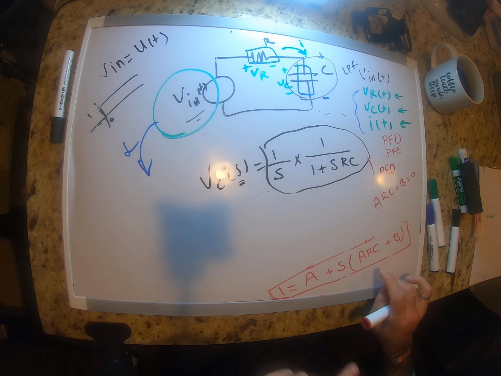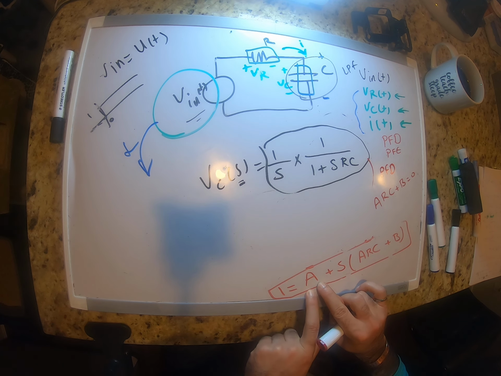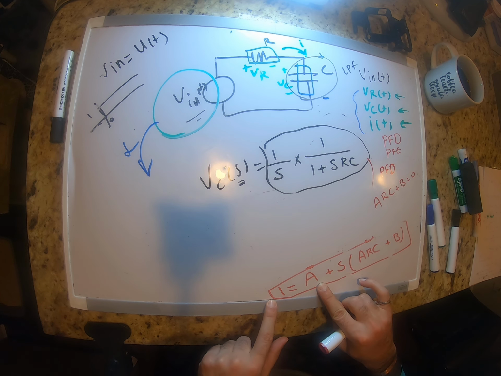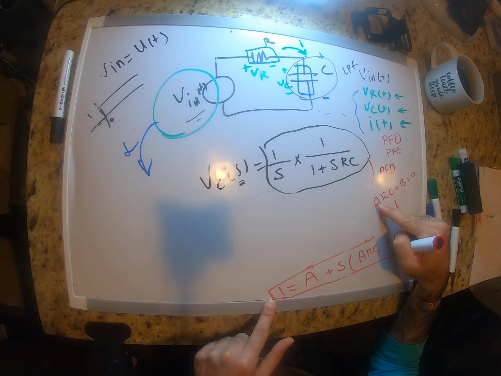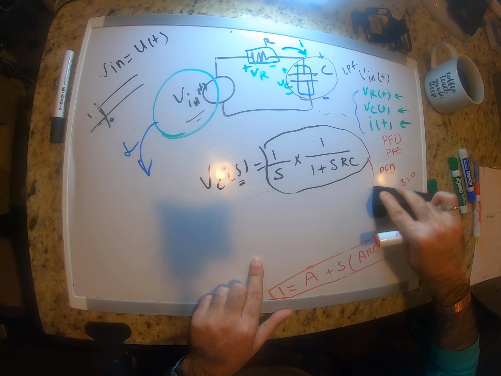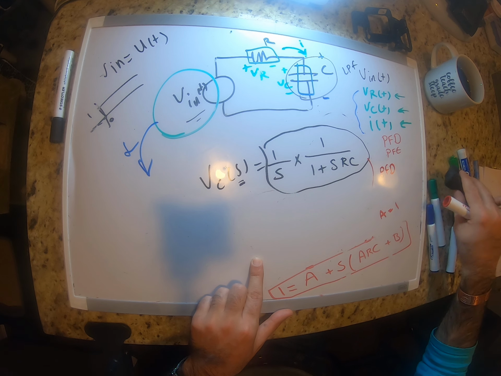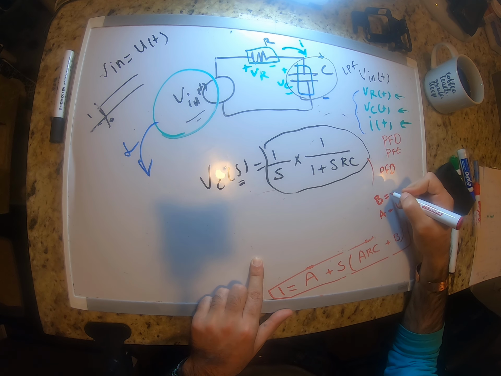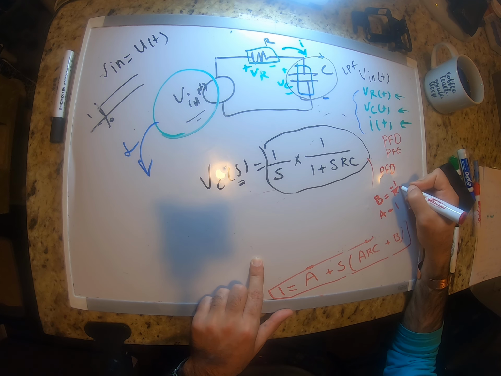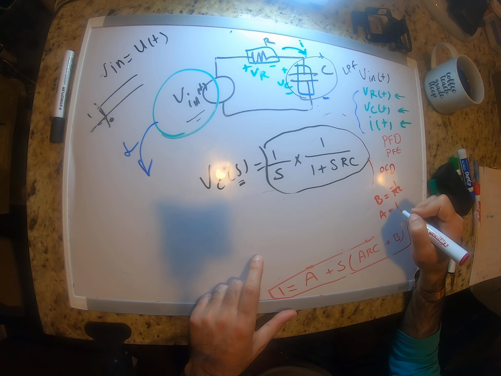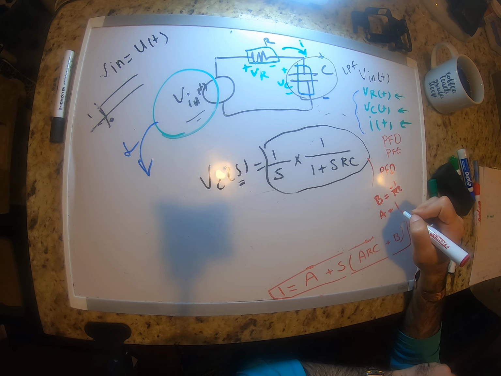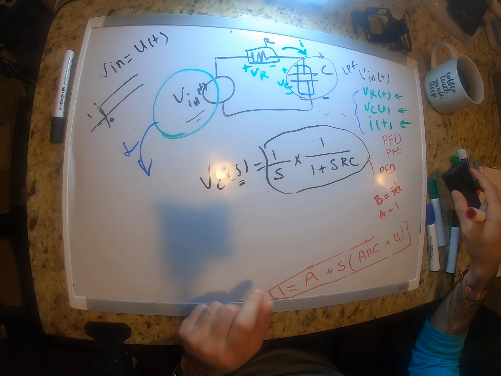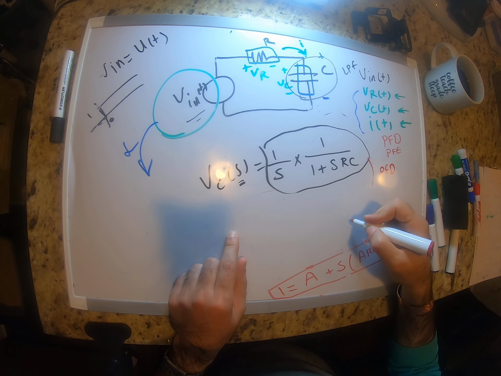Yes. And also the constant term here is A. Over here, it's 1. So it shows that A is going to be equal to 1. And if I put 1 here, it shows that B is going to be equal to negative 1 over RC. Okay. Sorry, is it RC or ARC?